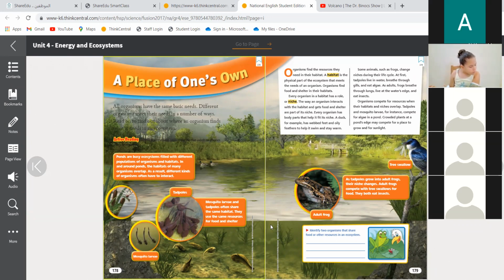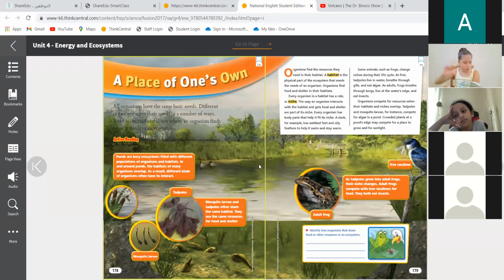Miss, this is the flower, I forget its name. The water lily leaves. Yes, so the water lily leaves, we call it a habitat. Why? Because a habitat is the physical part of the ecosystem that meets the needs of an organism.